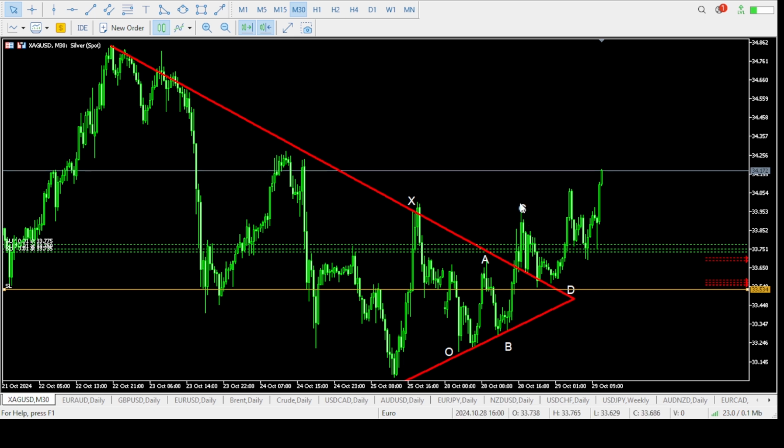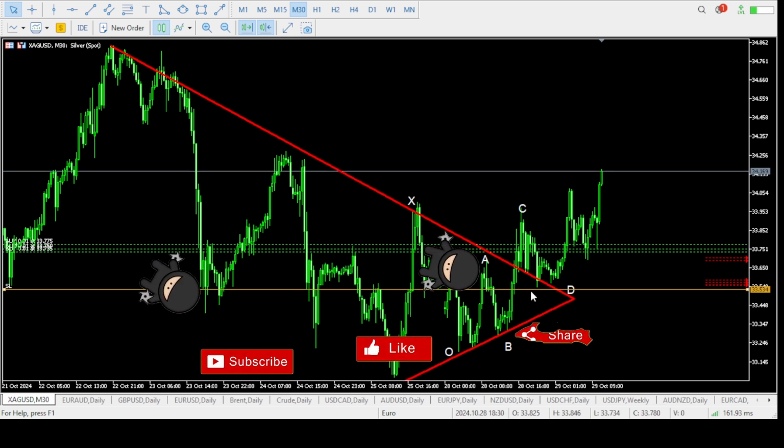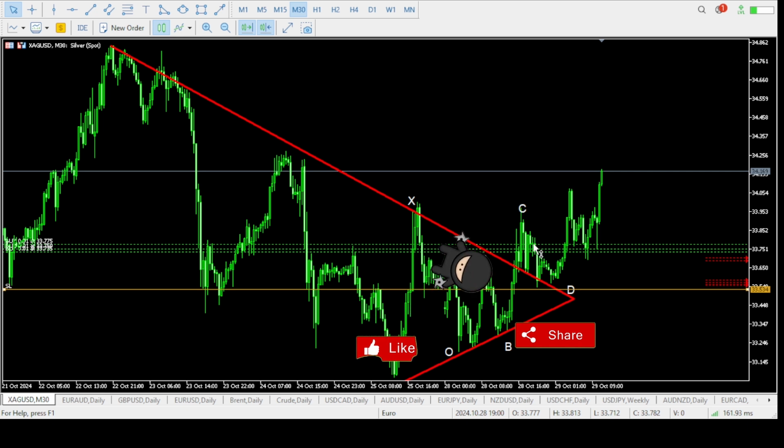As more higher highs and higher lows are formed, I'll be adjusting my stop loss as they keep forming, but I'll give the trade enough room to move around. Had I put my stop loss around here, I would have been taken out because my entry was just around here. I'll be taken out long ago.